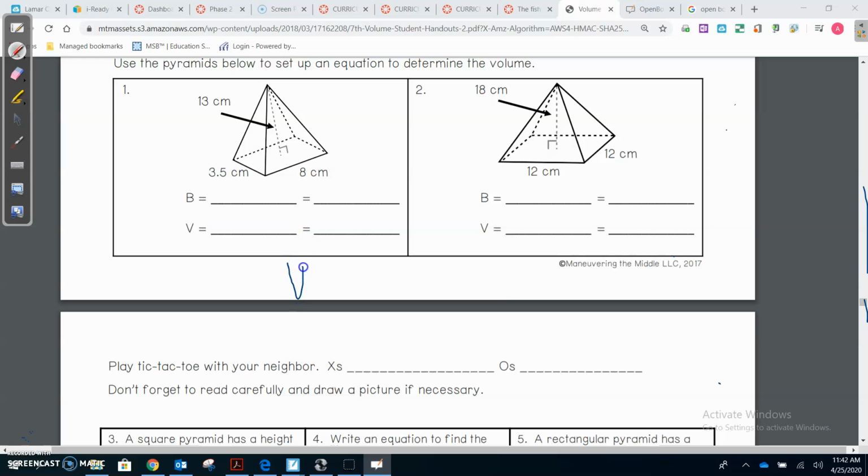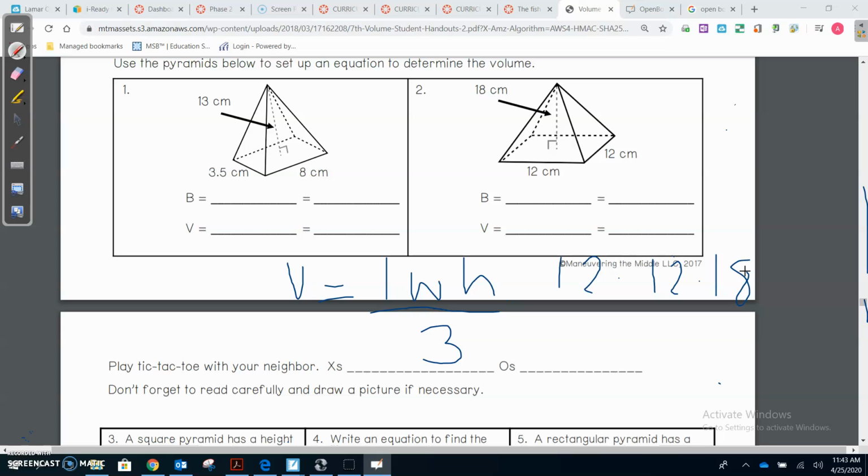So volume equals length times width times height divided by 3. So for our number 2 pyramid, we have a square as the base. So it's the same dimensions, it's 12 by 12. So our length is 12, our width is 12, and the height is this dotted line right from the bottom to the top, and it's 18.